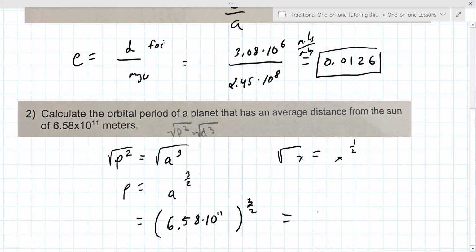So is that all you have to put in your calculator? Is the 6.58? Yes. Oh, okay. Yeah, 6.58 times 10 to the 11th to the 3/2 power. This is like a plug and chug type problem where you get a number, or the numbers, and you just put them into your calculator.